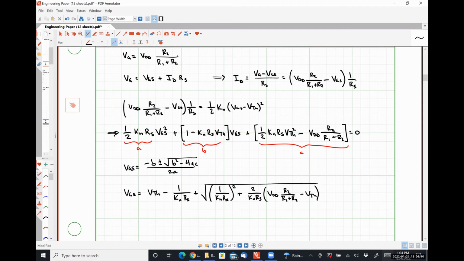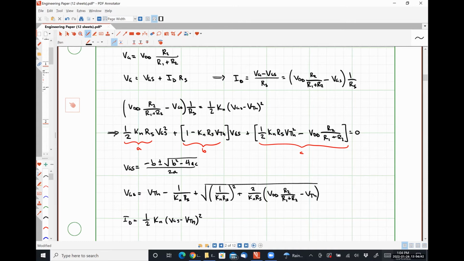Once we know VGS, which is just based entirely on our circuit parameters here, we can then calculate the value of ID using the relationship ID equals 1/2 Kn times (VGS minus VTH) squared.